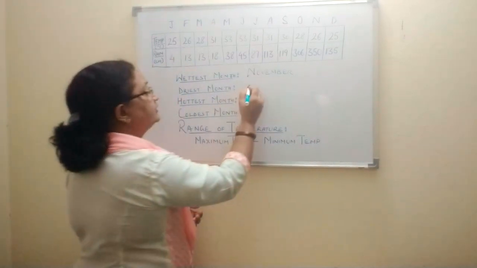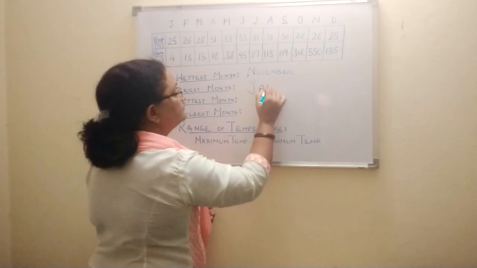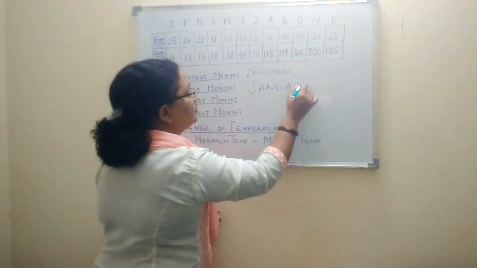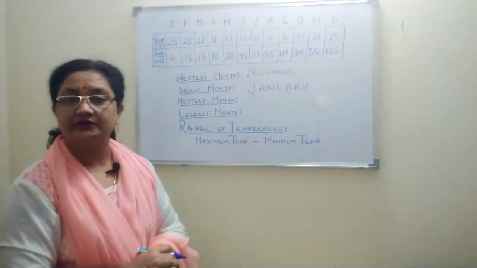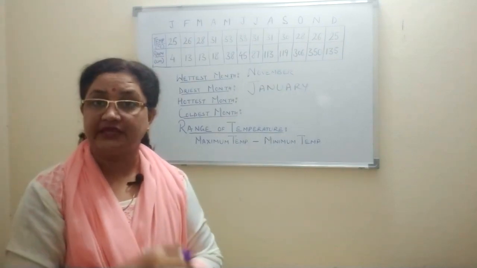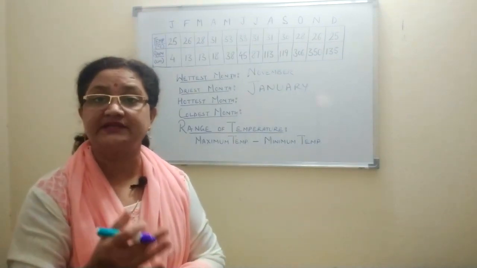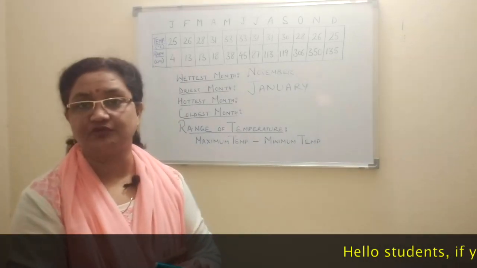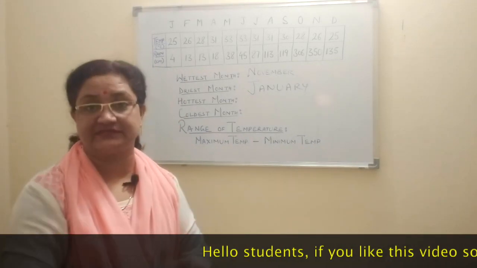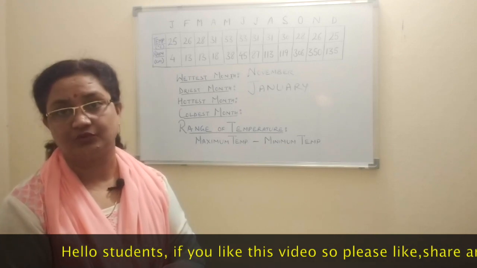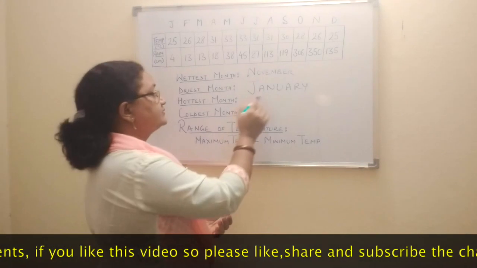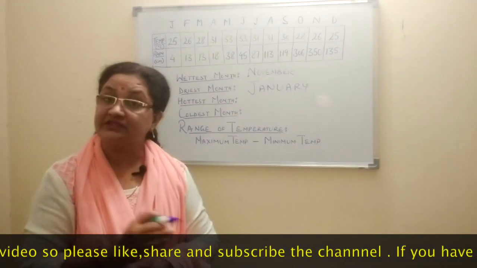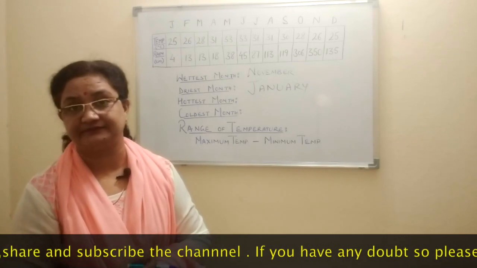Okay, so the driest month is January. Now again the same way, if the question comes, what is the amount of rainfall received during the driest month of the year? So you'll have to mention the amount of rainfall received during this driest month. Okay, which is 4 centimeters, just 4 centimeters. So this is another type of question you may get.